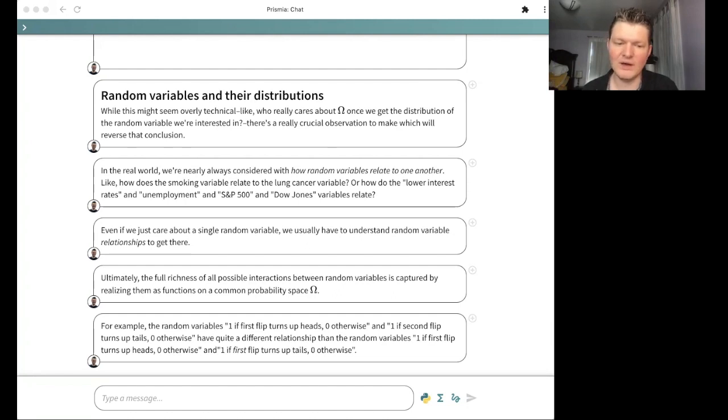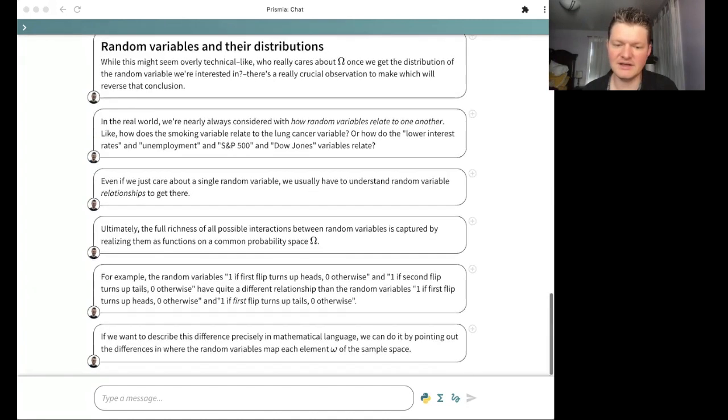And the way that those relationships are captured in probability theory is that we write down this explicit relationship between the random variables and the probability space. We say for every outcome in the sample space, where does that get mapped to by this random variable? And we'll be able to use that information to get a really good handle on how to visualize the differences between these things. And we'll get to that today.